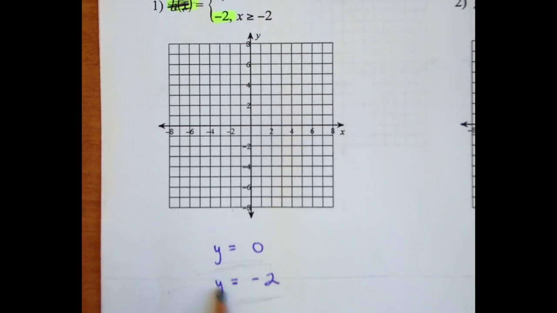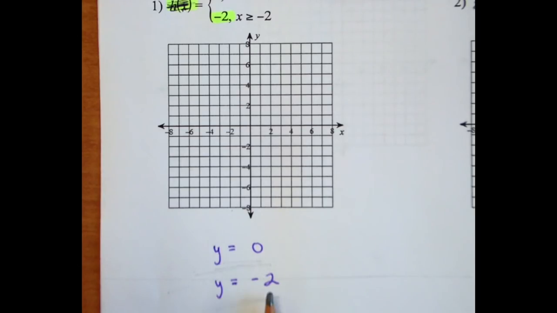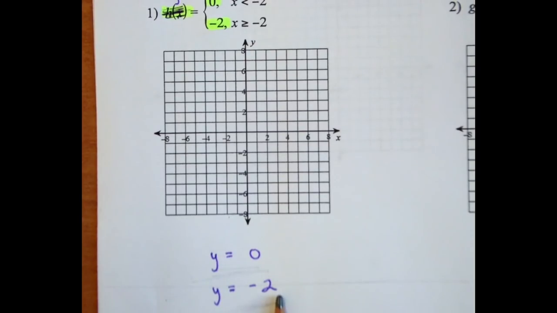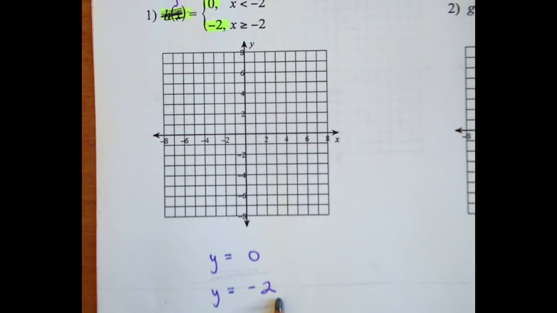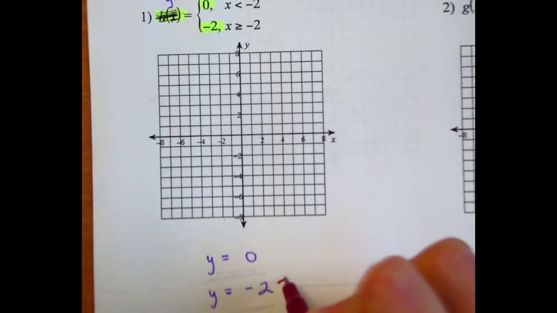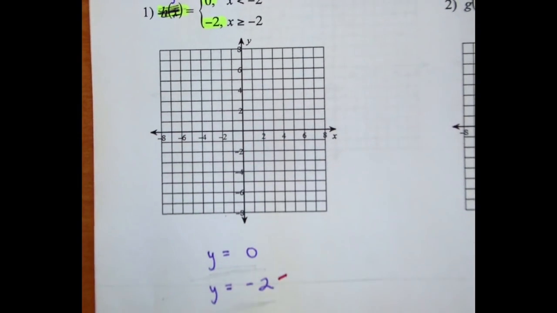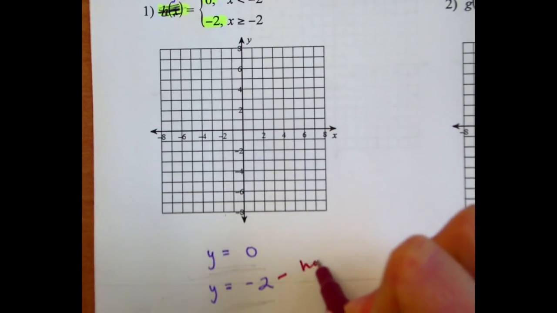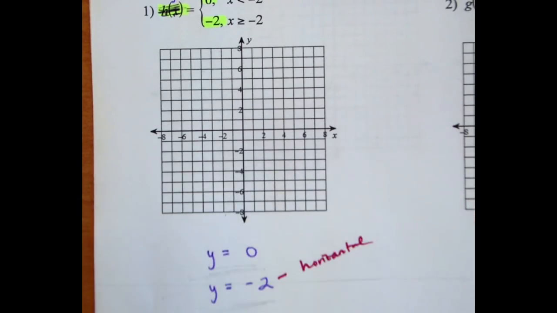So what does this look like as a function? Okay, well, it's a little bit weird. There's no x, there's no y-intercept, there's no slope. Remember, when we have something like y equals -2, it's just going to be a horizontal line. It's a horizontal line that's going to go through -2. Whereas a vertical line would be x equals something.